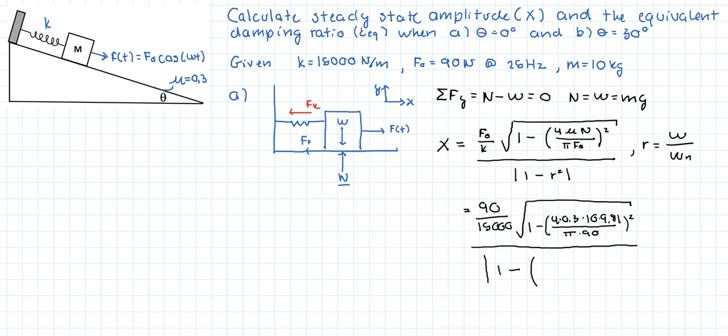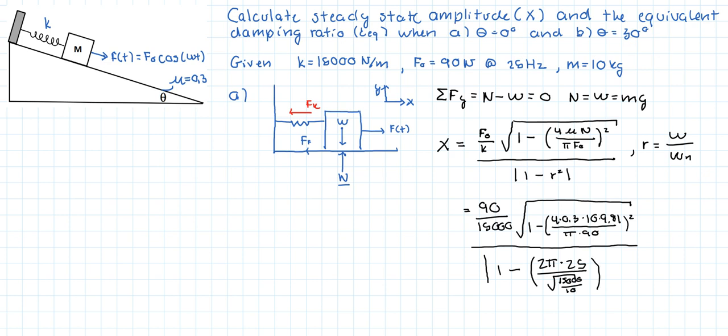We're given the excitation frequency is equal to 2 times pi times 25 hertz, divided by the natural frequency, the square root of the stiffness, 15,000, divided by 10.